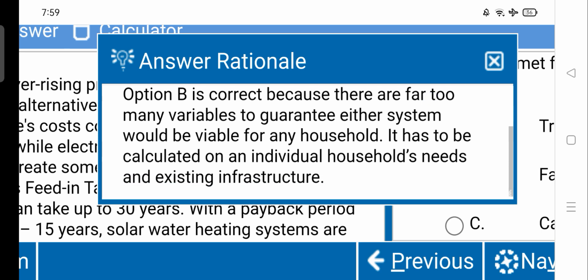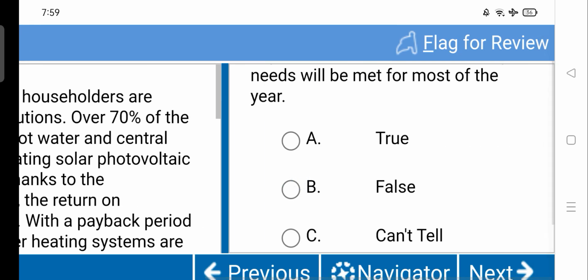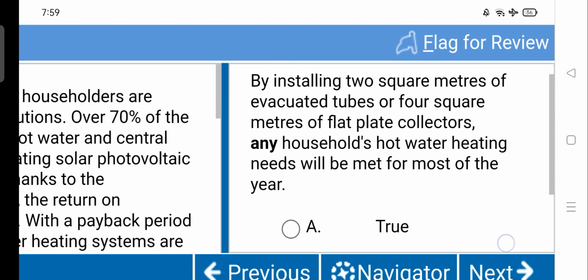Option B is correct because there are far too many variables to guarantee if the system would be viable for any household. It has to be calculated on an individual household's needs and existing infrastructure. So that's why option B, which is false, is the correct option.